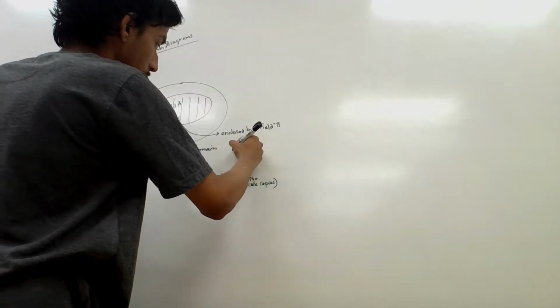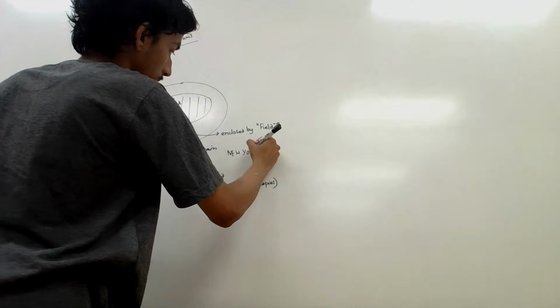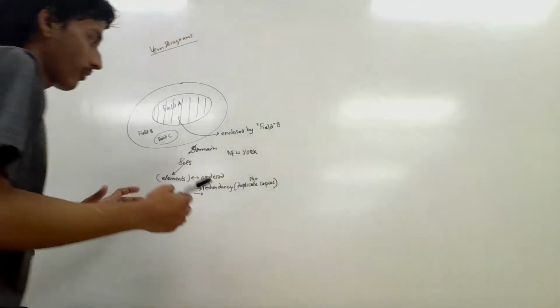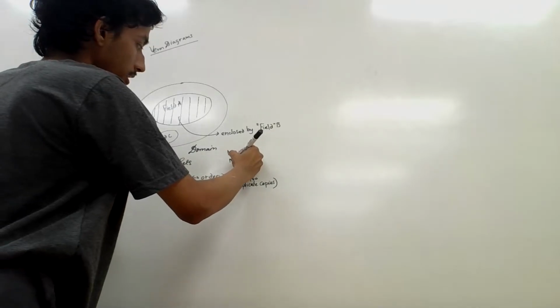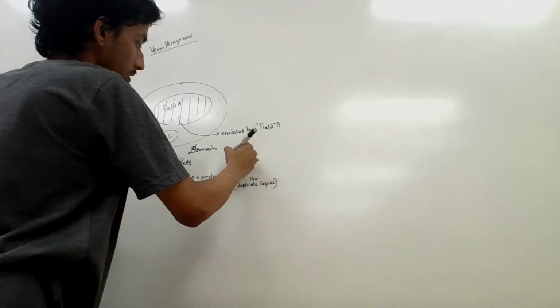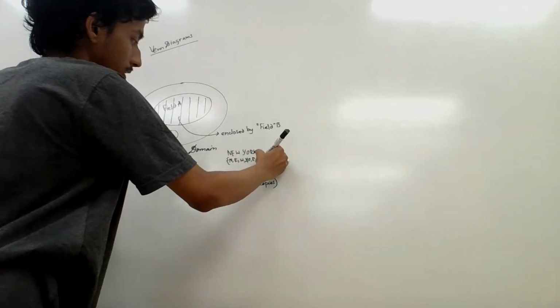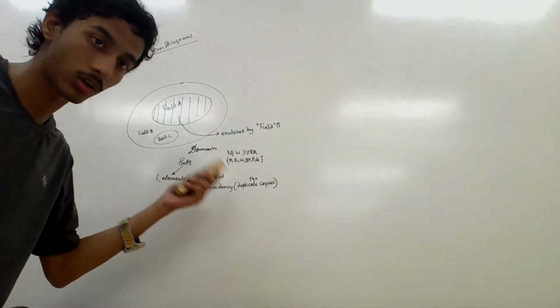So for example, if you were to make a set of the word, let's say New York, N, E, W, Y, O, R, K. So this is a set. These are the letters that are in the word New York.